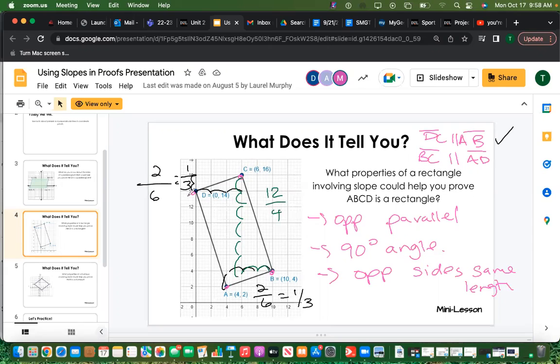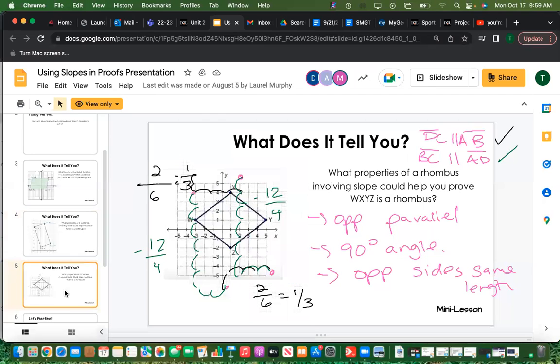And then this one would be down 2, 4, 6, 8, 10, 12, and over 2, 4. So 12 over 4. And again, those would both be negative because they're a negative slope. Since they're the same, then that's true. Okay. Questions on that?